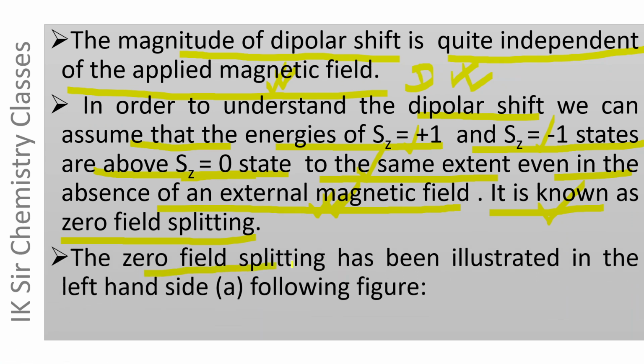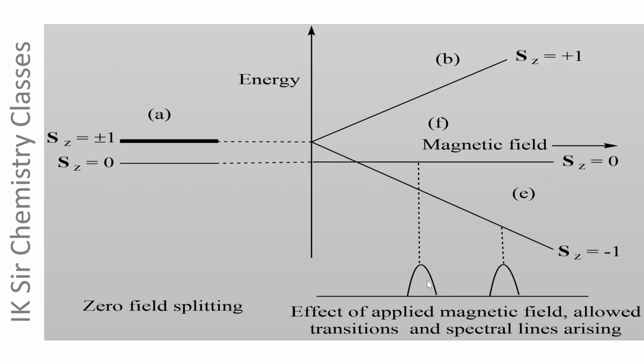The zero field splitting has been illustrated in the left hand side A of the following figure. Let us see. The energies of Sz equals to plus 1 and Sz equals to minus 1 states are above Sz equals to 0 energy level even in absence of applied magnetic field, and it is known as zero field splitting.